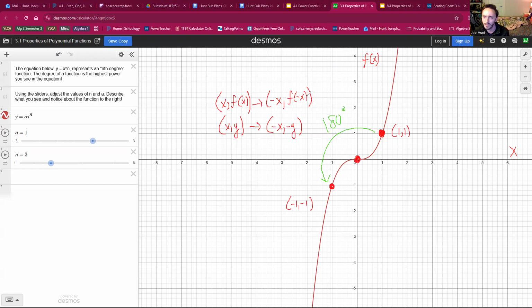But when I do f of negative x, that turns out to be the negative version of the original y value. So a different way to express that is to say it's just negative f of x. We refer to this as a rotational type of symmetry, where in particular we're turning 180 degrees, when this pattern emerges for a given function.